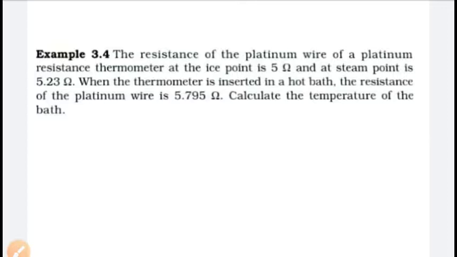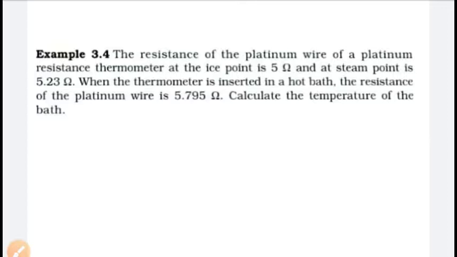Ice point means temperature is 0 degrees Celsius. At the steam point, the resistance is 5.23 ohm. Steam point means 100 degrees Celsius. Therefore, at 100 degrees Celsius, the resistance is 5.23 ohm.